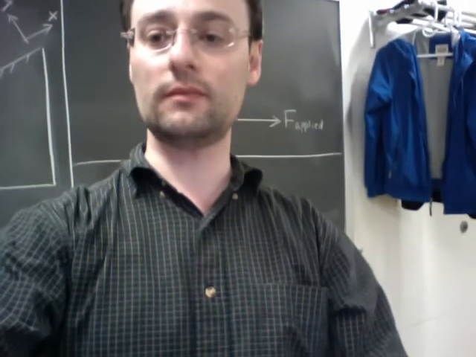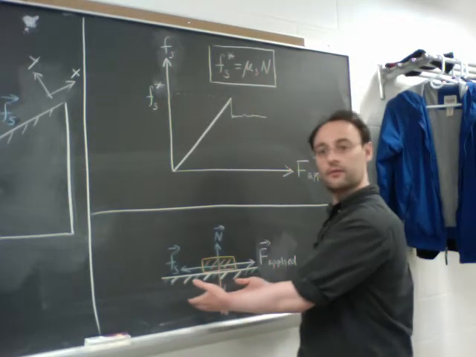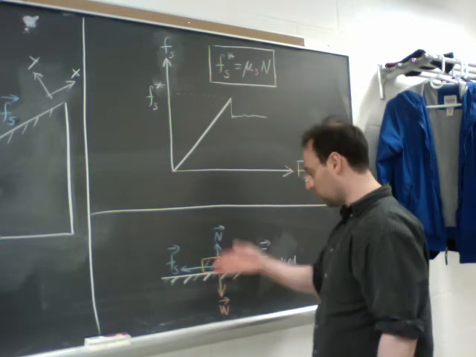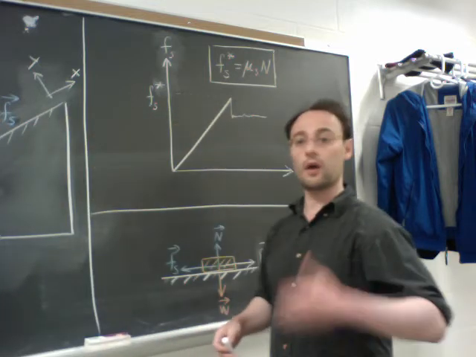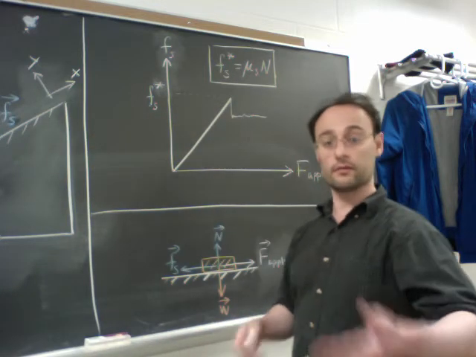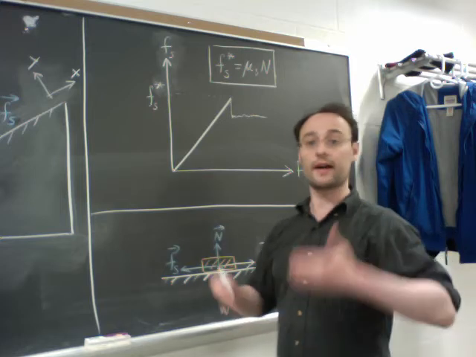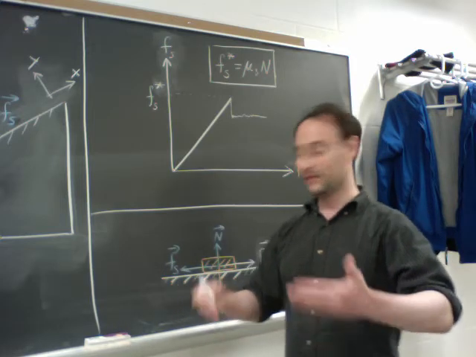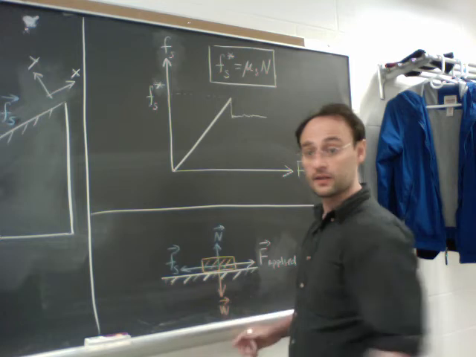So let's analyze this more quantitatively. So here's a free body diagram for the situation. Weight, normal force, static friction force, and the applied force. And we saw that for an applied force that's below a certain threshold value, the static friction force must have adjusted itself such that it's equal in magnitude to the applied force and opposite in direction.